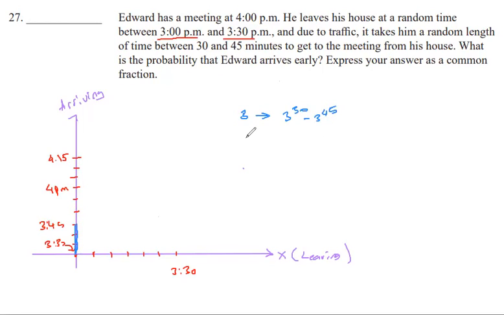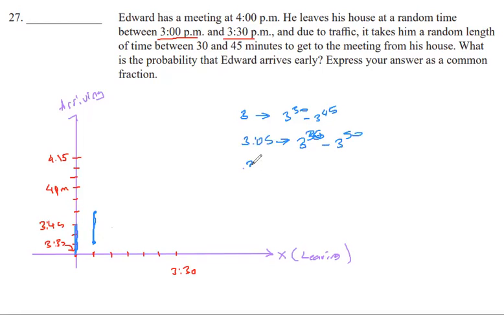But if he's leaving at 3:05, then he can be there between 3:35 and 3:50. So this is 30, this is 35, right there 45, so this is 50. Mine is not really scaled.